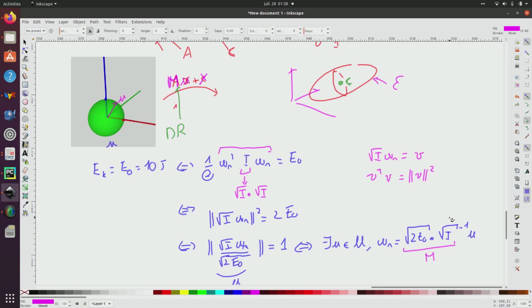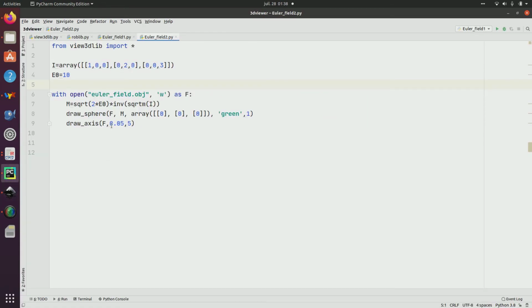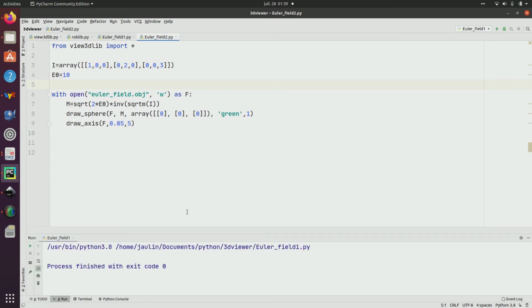I have to remember this. I will program it. I switch to Python. I have the matrix I want. I call it M. M is now given here, and this vector is equal to 0. I run it. I generate my file.